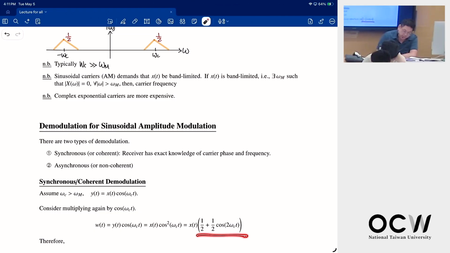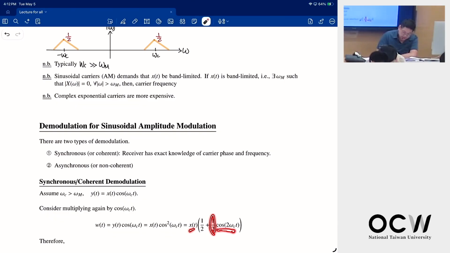If we rearrange the cosine squared, in this case, the new signal is half of the original signal plus half of the signal times the cosine.